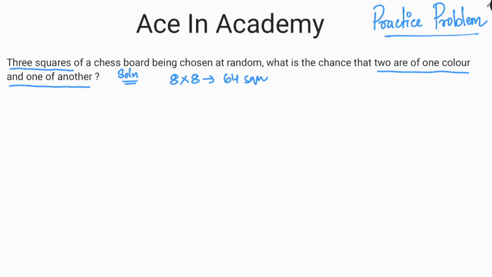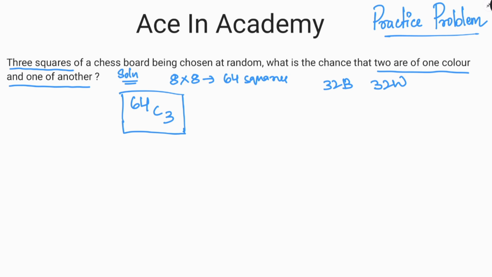We have an equal number of black and white squares, so 32 black squares and 32 white squares. We have to select 3 out of 64, so it is 64C3. The total number of ways in which we can select 3 squares out of a chessboard is 64C3. That is our denominator.